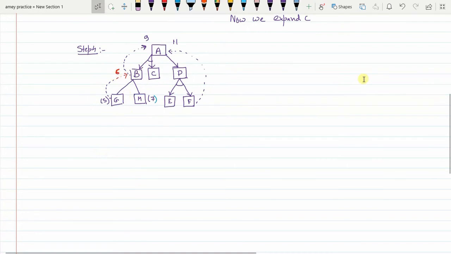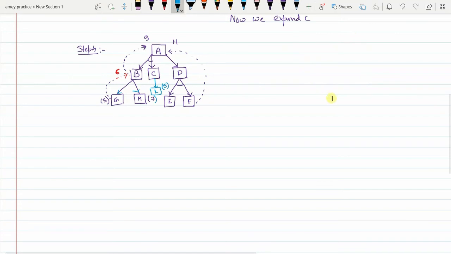We expand C further. Now assume that when C is expanded, C has only one child node, say L, and the heuristic value of this L happens to be say 5.